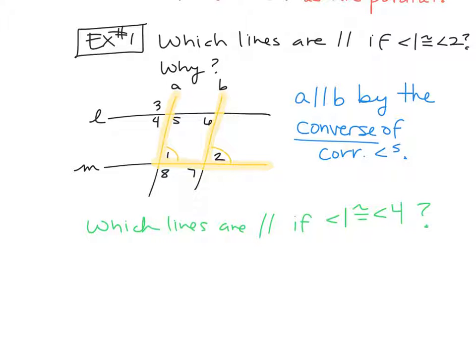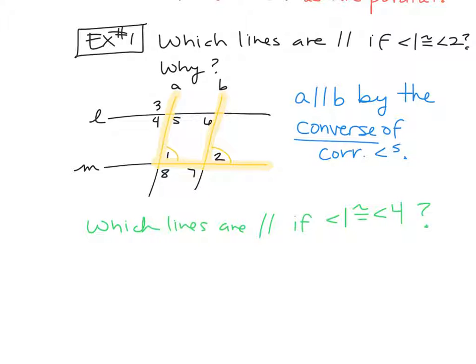And tell me why. So if angle 1 is congruent to angle 4, which lines would be parallel? Do you see it? 1 and 4. First of all, what kind of angles are 1 and 4? Alternate interior angles, okay? So you're going to be using the converse of alternate interior, but which lines are parallel from those two angles?